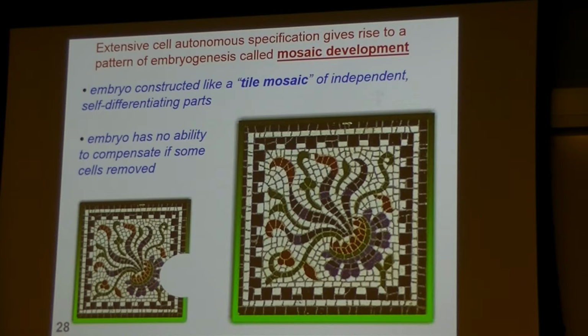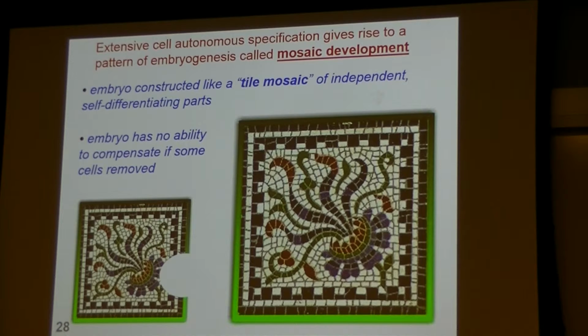So in the case of tile mosaics, if you have somehow removed or injured cells early on, there's not a great ability of the neighbors to compensate for that problem and regenerate the missing cell fates. So often you'll just have kind of a blank or absence of those cell fates within the embryo.